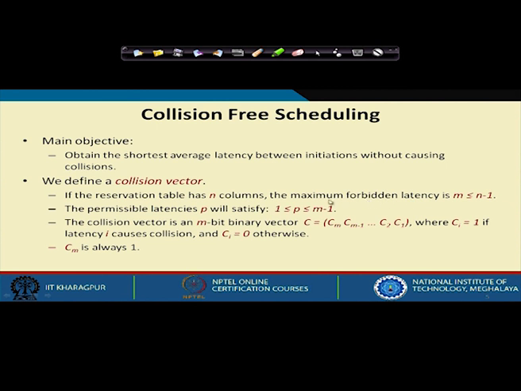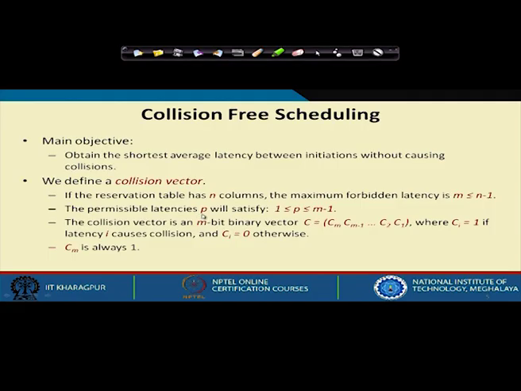Here we have mentioned the same thing. The maximum forbidden latency m cannot be greater than n minus 1, it can be maximum n minus 1. The permissible latencies that we shall be using for scheduling obviously have to be less than or equal to m plus 1, because more than that does not make sense. If there are 5 stages in the pipeline and I am saying that I have to give a gap of 6, then there is no use in having the pipeline.